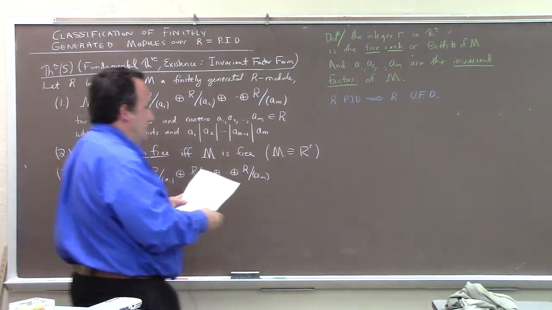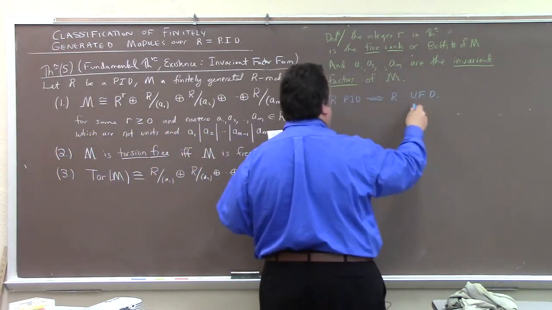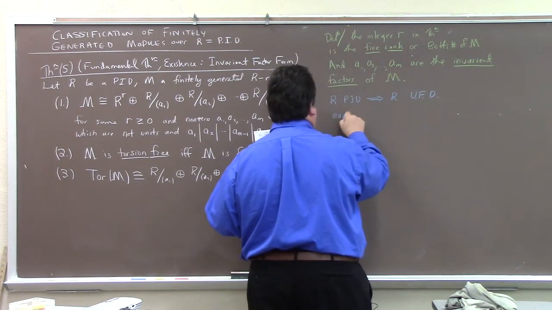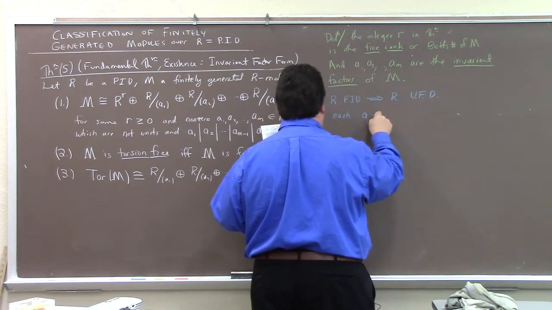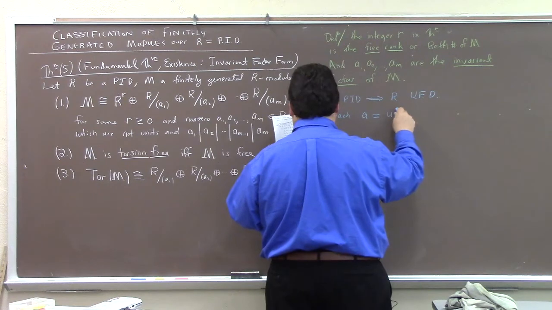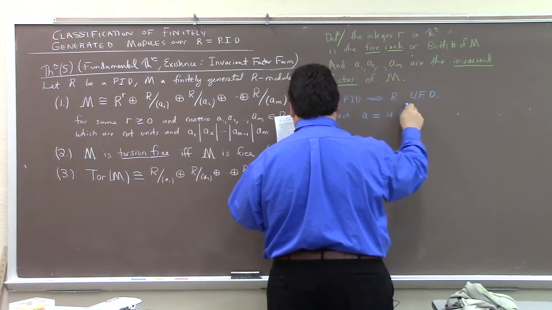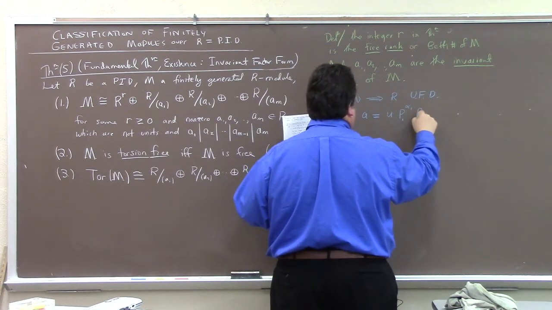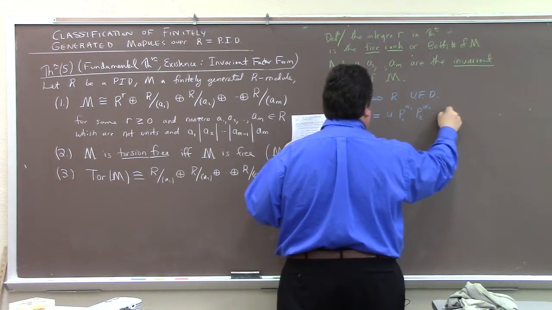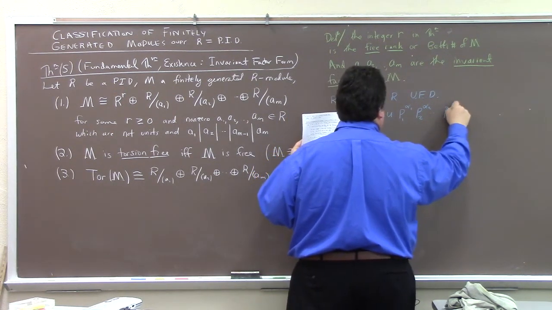And so for each a above, each a can be written as some unit times p1 to the alpha 1, p2 to the alpha 2, ..., ps to the alpha s, right?